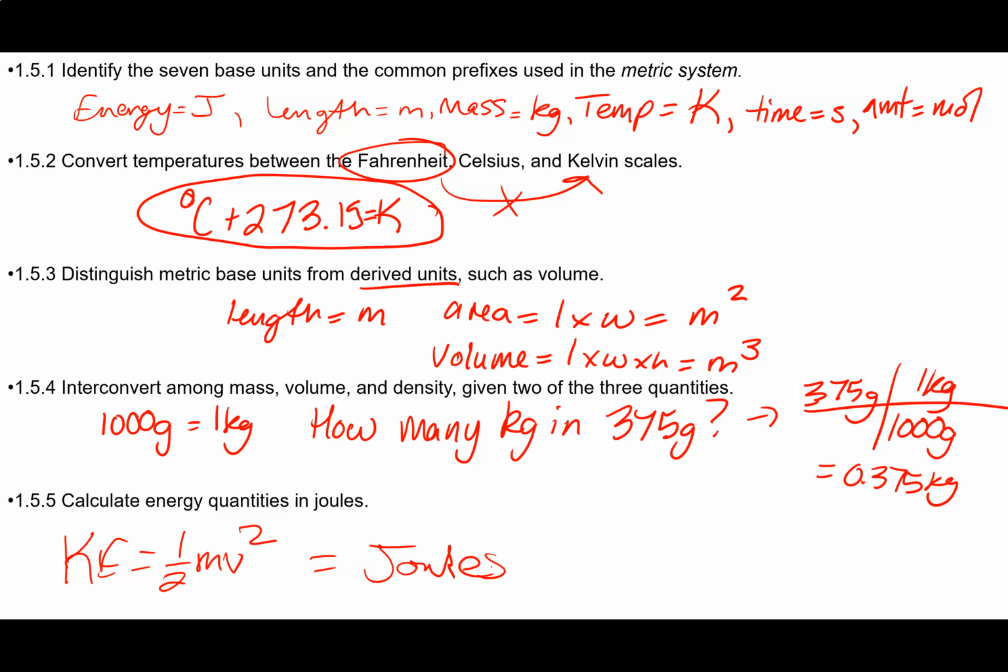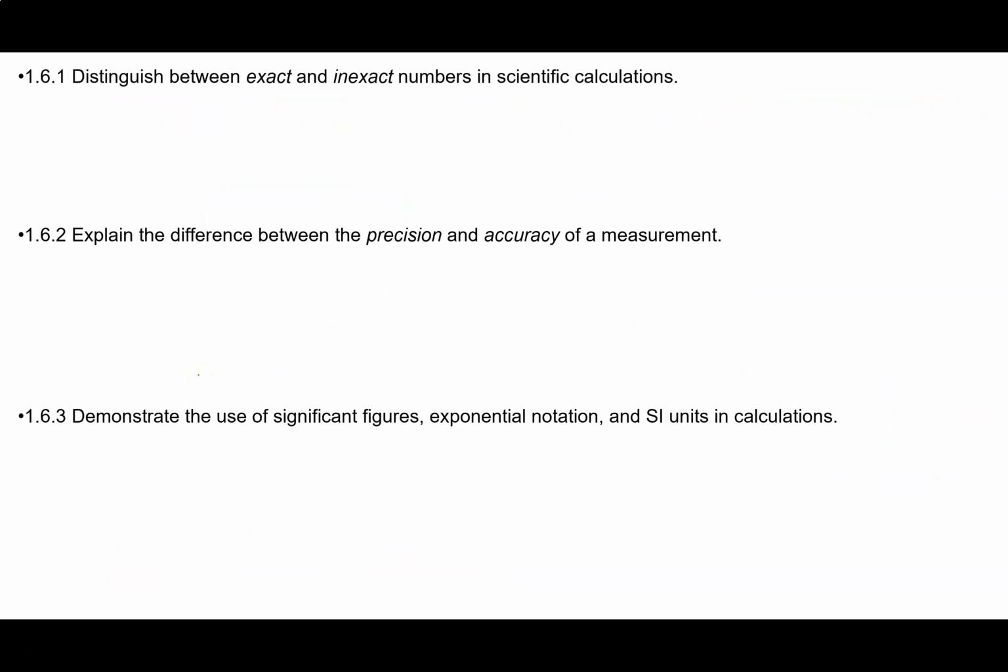All right, next up is uncertainty in measurement and significant figures. In order to describe this one, we have to be able to describe precision and accuracy. Precision is specifically related to sig figs, whereas accuracy is related to true values.